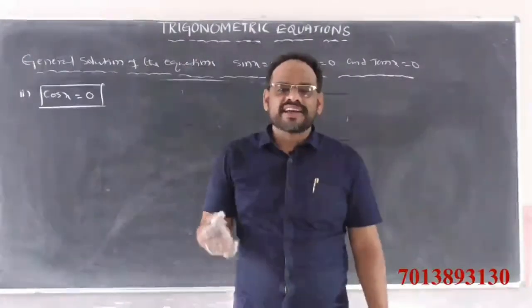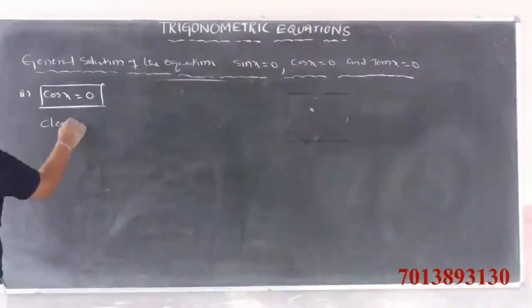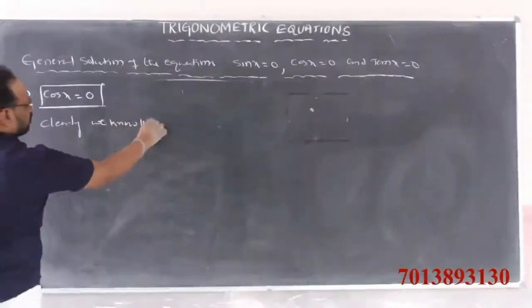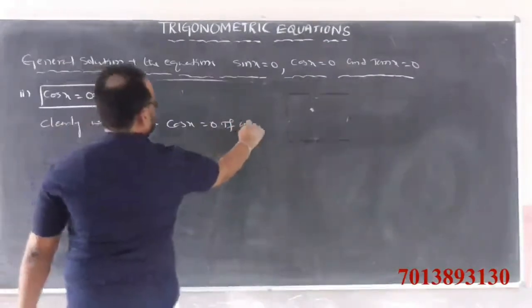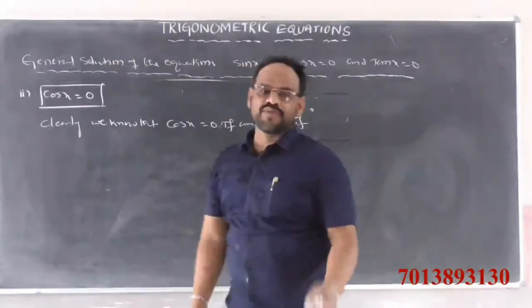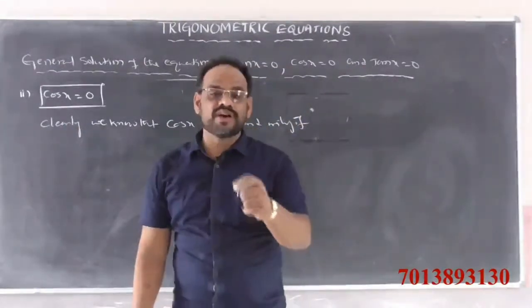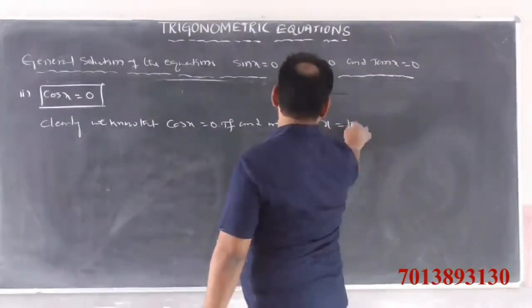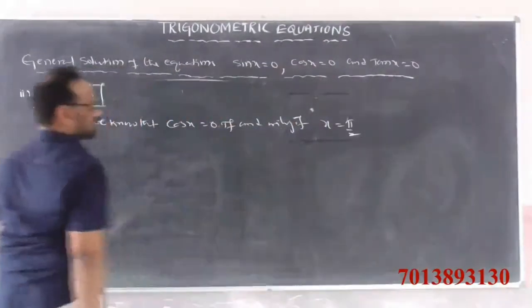Clearly we know that cos x is equal to 0, and the principal solution of cos x equals 0 is x is equal to pi by 2.